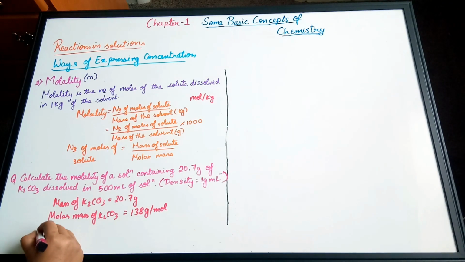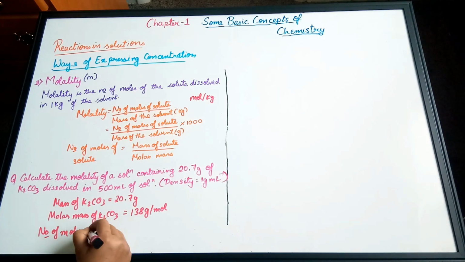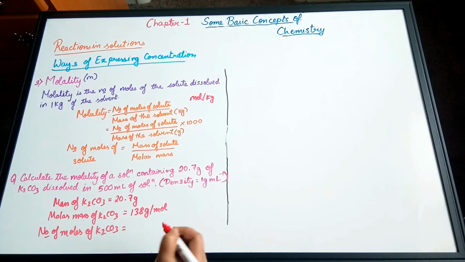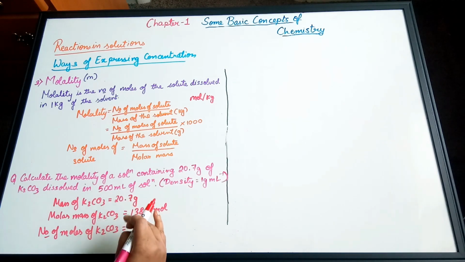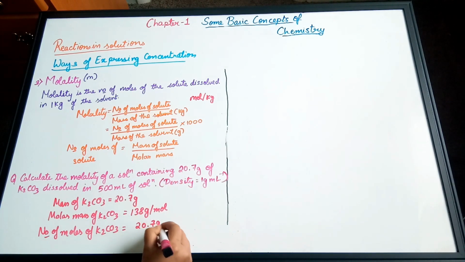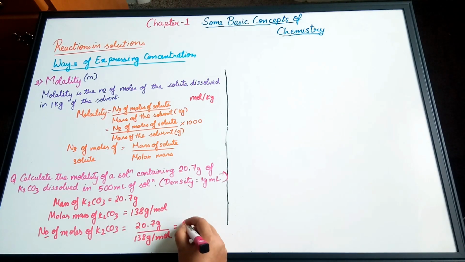Now the number of moles of K2CO3 will be equal to mass by molar mass. So that's 20.7 grams by 138 grams per mole. The grams get cancelled, and this gives 0.15 moles. So the number of moles of K2CO3 is 0.15.